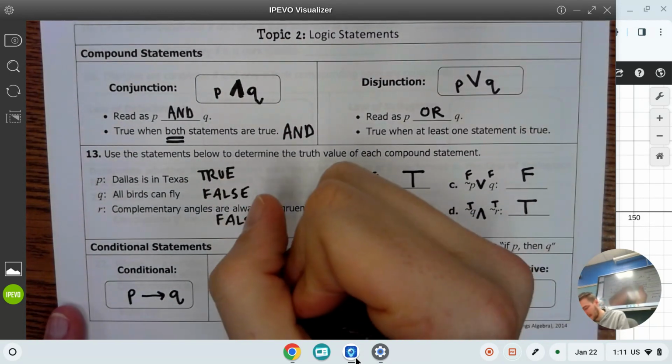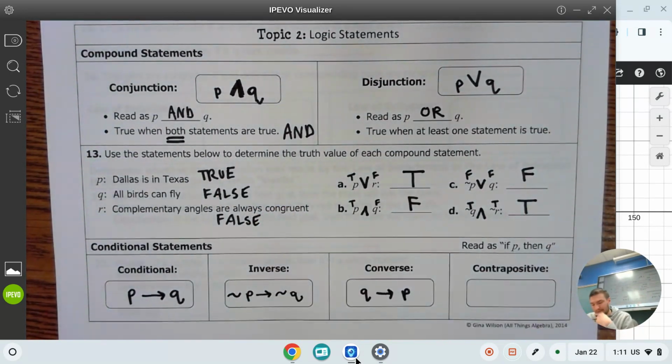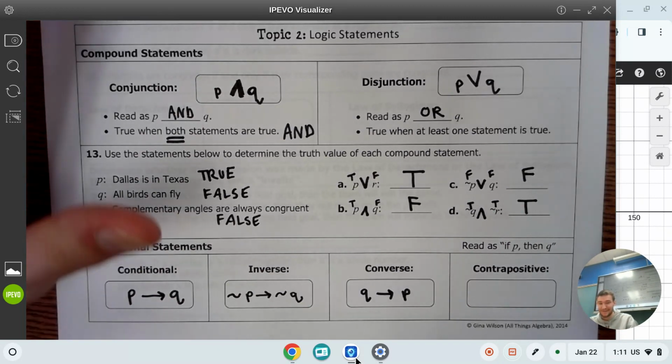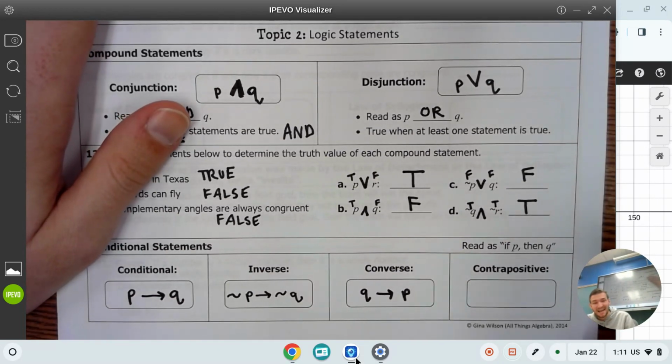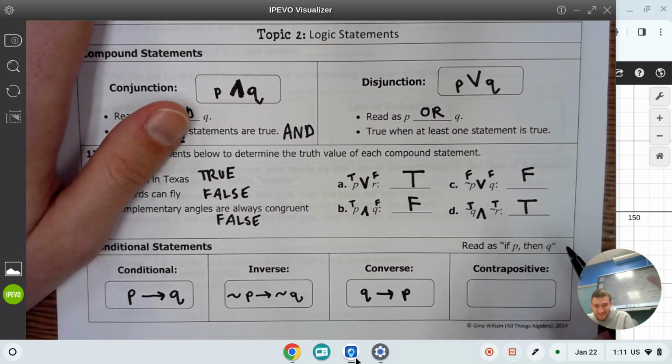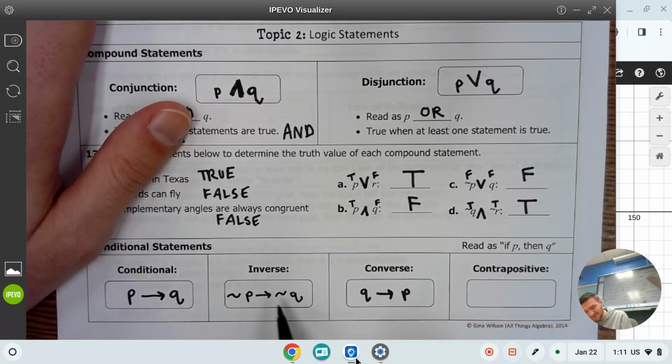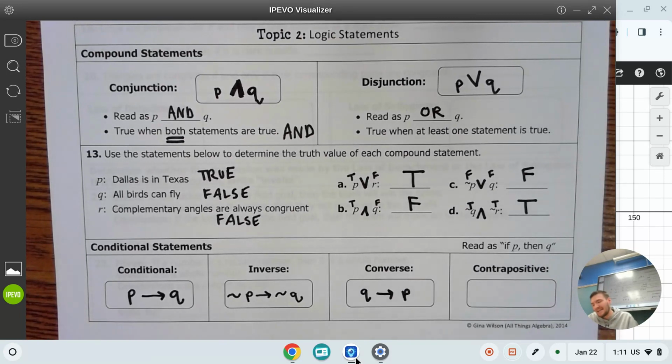I think it needs to be like this. Yeah, that's what I said. I got you. Honestly, you guys are both saying squiggly P, squiggly Q, I didn't know what was going on. And lastly, the contrapositive is the inverse and the converse at the same time. It's the squiggly P, squiggly Q, but they're also switched.